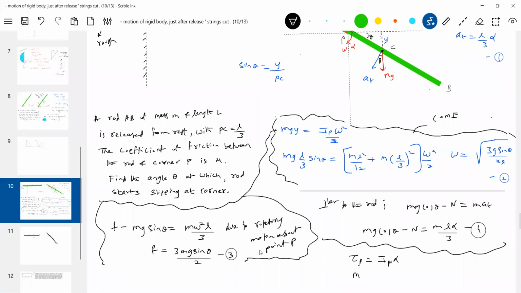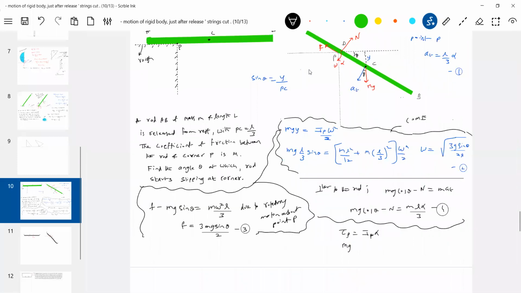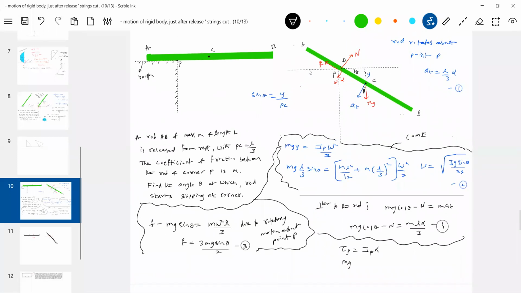Now what should be the torque? mg into L by 3 cos theta should be equal to the moment of inertia, which we already know, m L square by 3, into alpha. Solving this, we'll get alpha.